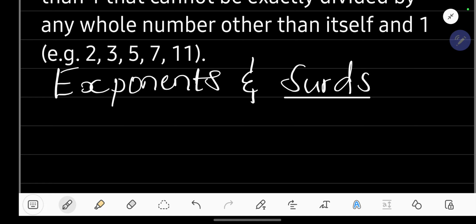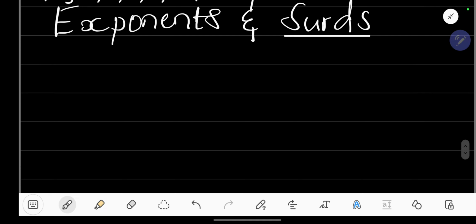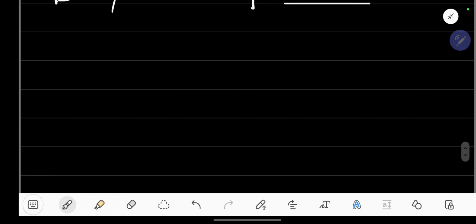Make any base a prime number, and that will make it easy for you to apply the exponential rules that we are going to learn now. Exponential rules or exponential laws, you guys know them. They are simple but very important. Law number one is when you multiply the powers of the same base.